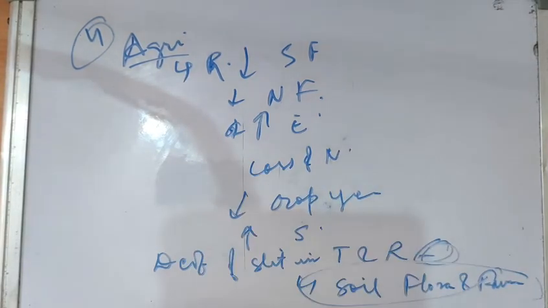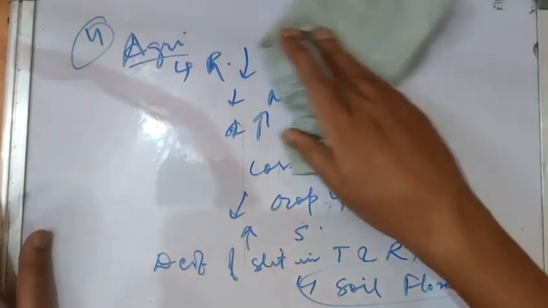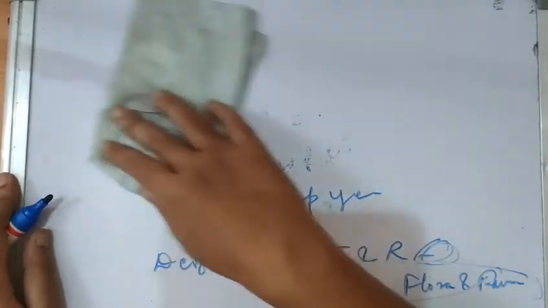So this is how soil pollution affects agriculture, as agriculture is mainly dependent on soil. Without soil, nothing can be grown or cultivated.